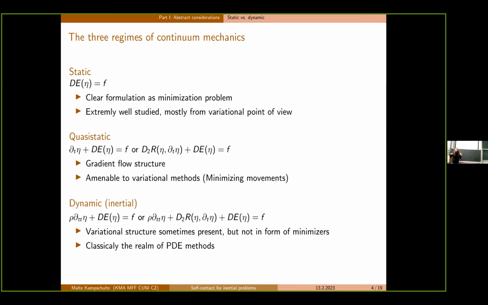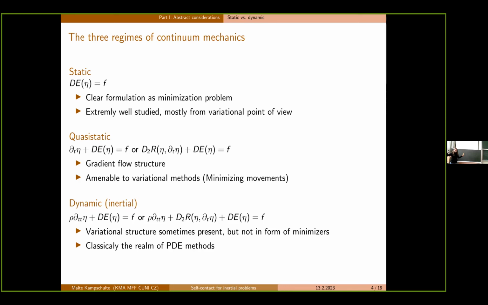It's basically like the wave equation. The wave equation is a critical point of a functional of like time derivative squared minus spatial derivative squared, but it's not a minimizer because the functional has no minimizer. And so when people have been studying dynamic problems, they usually go back to the non-variational method.